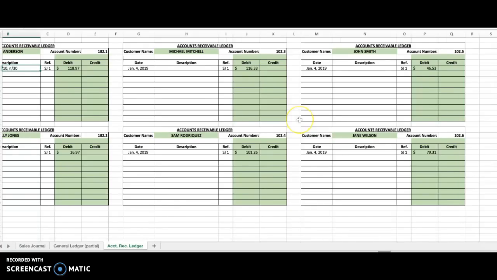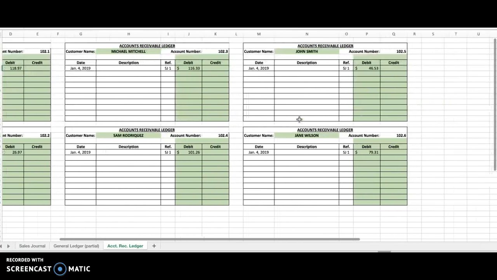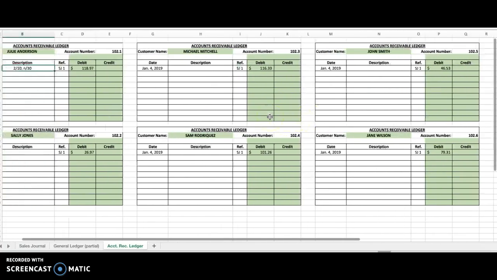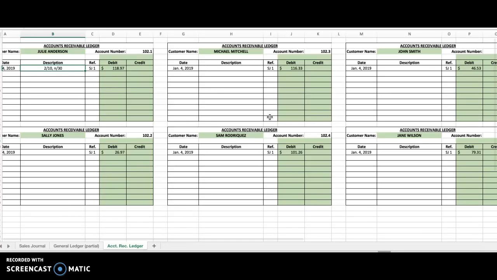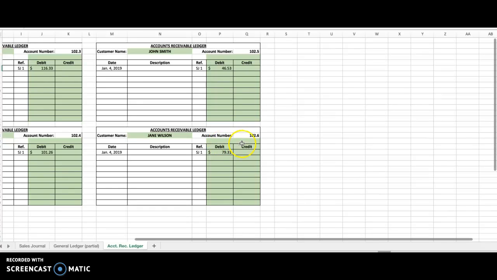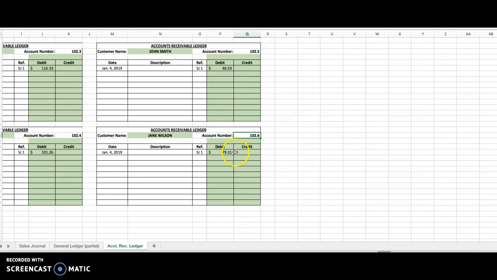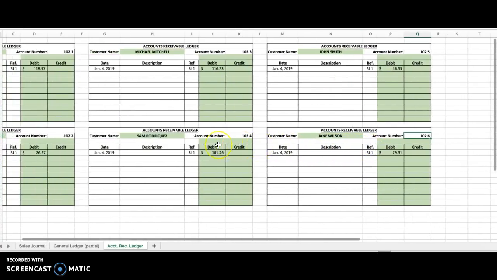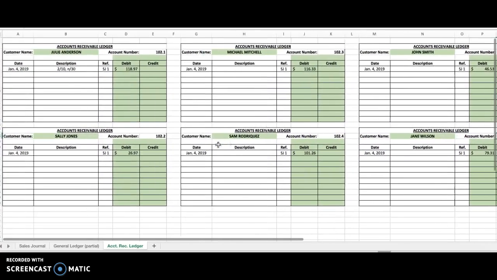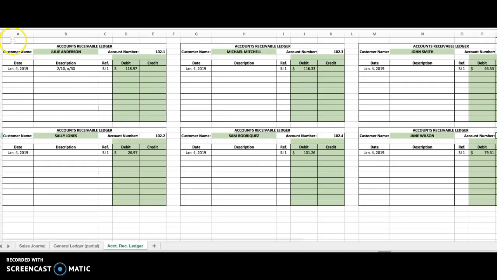These happen to be, I believe, in alphabetical order as well. But if we get a new customer, let's say we have Jack Adams as a new customer, well, his account would be 102.7, the next one in line numerically. So it wouldn't necessarily be alphabetical after a while. Not an important item, but something that we need to keep track of when we get larger numbers of customers.